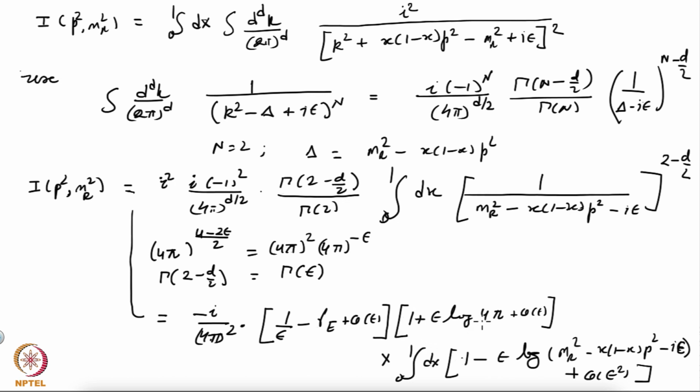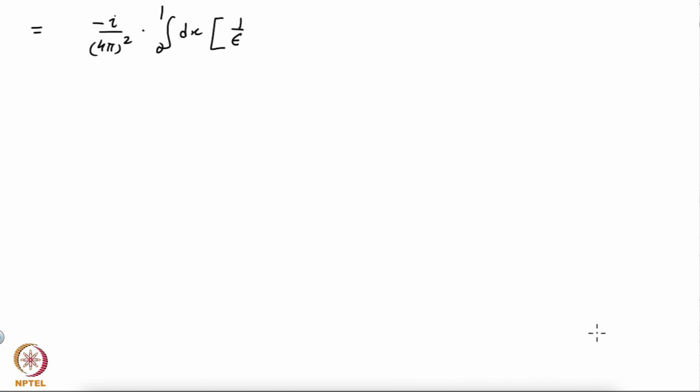Then you can take the order epsilon term and multiply with the singular term here and with the 1 here. So that gives you log 4 pi. And then you can similarly multiply this order epsilon term with the pole term here together with this one. That will give you log of this object. So that's the result I am writing.